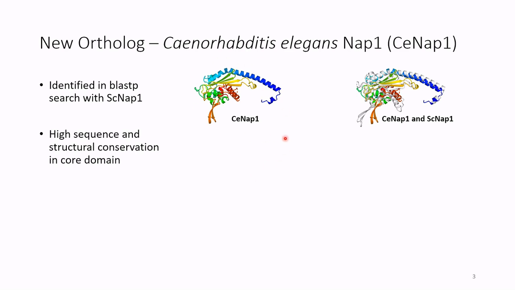So shown here we have the crystal structure of worm NAP1, while over here we have the crystal structures of worm and yeast NAP1 superposed. You can see their structural similarity is very obvious. What is not obvious, however, is the conservation or lack thereof of the domains outside of this core domain.